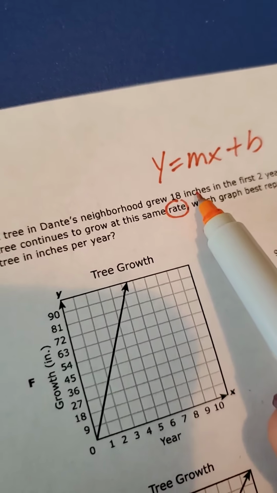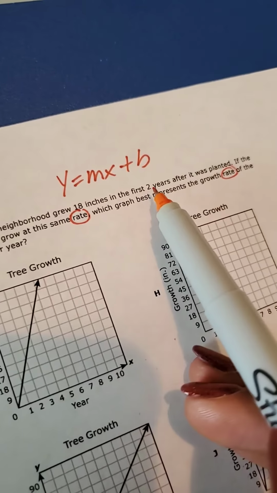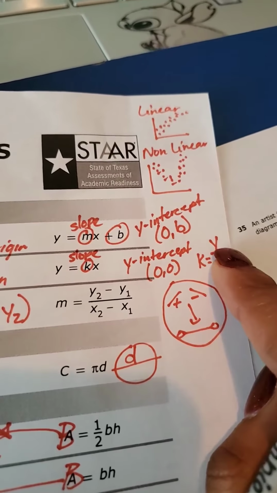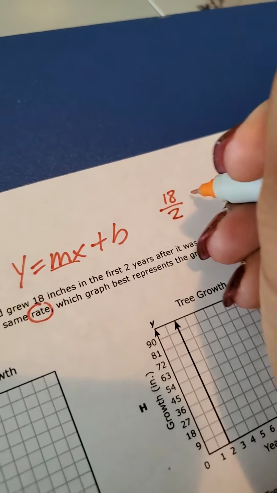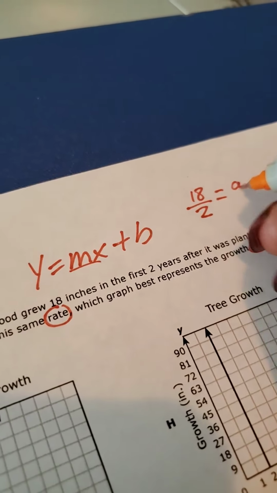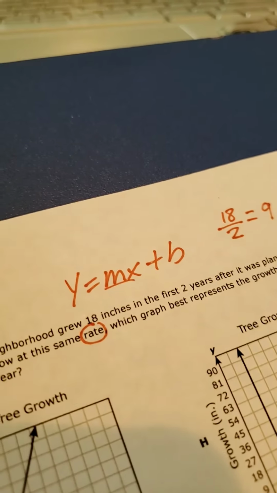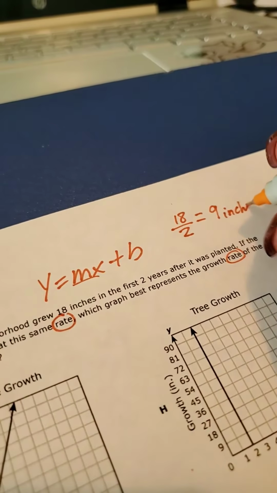And I'm going to see if I can find an m and a b. It says it grew 18 inches in the first 2 years after it was planted. So if it grew 18 inches in 2 years, in order to find slope, remember for direct variation, we put y over x. So let's put 18 over 2 and see what we get. 18 divided by 2 is 9. So it seems like this is a direct variation equation. It seems like it's growing 9 inches each year.